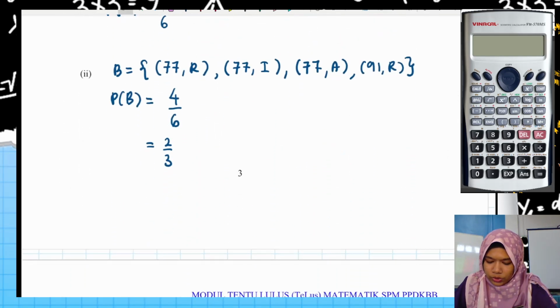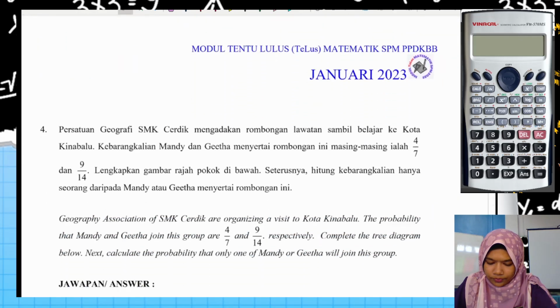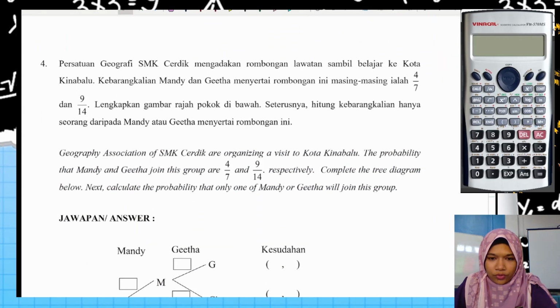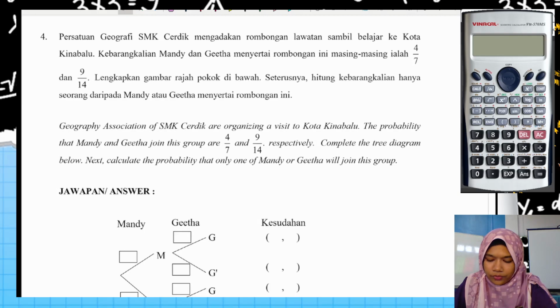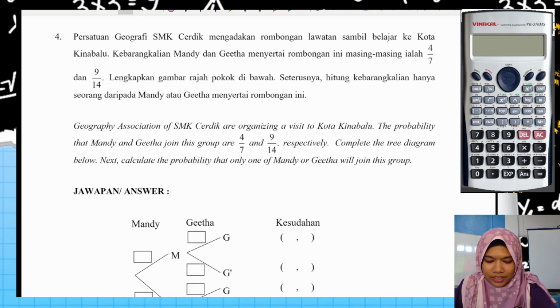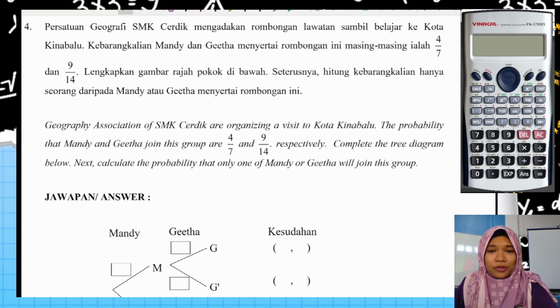Alright, so now, okay, question number 4. Okay, look at question number 4. Okay, tarik nafas dulu. Tarik nafas dulu. Okay. Sebab bila probability ni, probability for combined events, awak kena read carefully and you have to understand what's the condition is it. Okay, right. Okay.